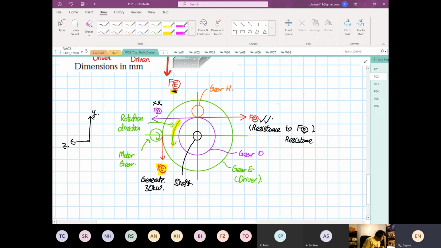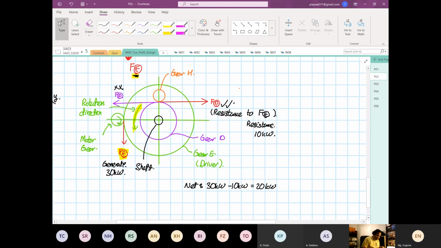At point D, it is related to H. This is 10 kilowatt. So the net will be equal to 30, because it's in the opposite direction, minus 10 kilowatt, is equal to 20 kilowatt. So this is based on this arrow over here.